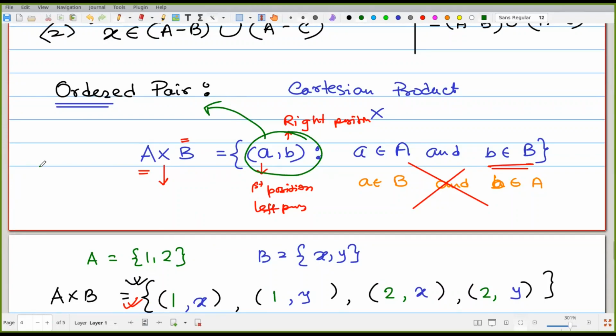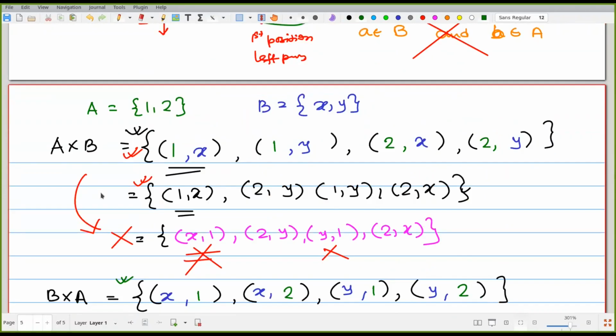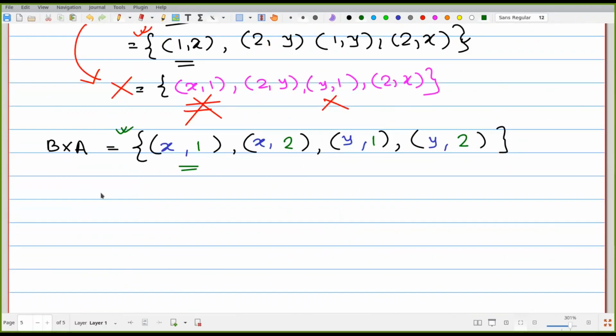If anyone asks, sir, if we proceed with A cross B cross C, there is also an ordered pair possible, but at that moment that is not very important. We are just considering two sets, not three sets.